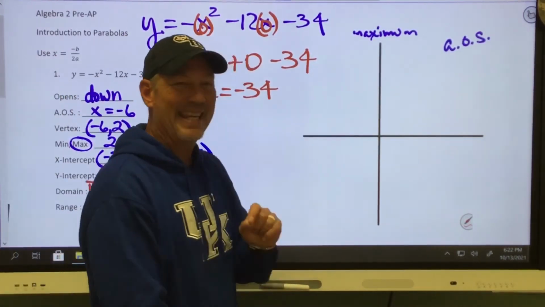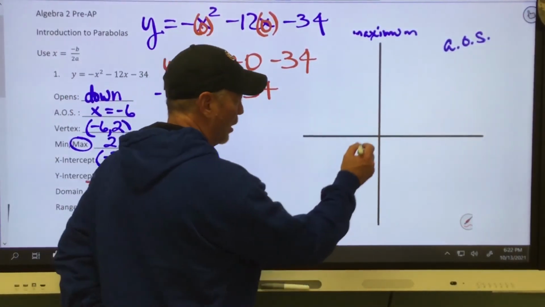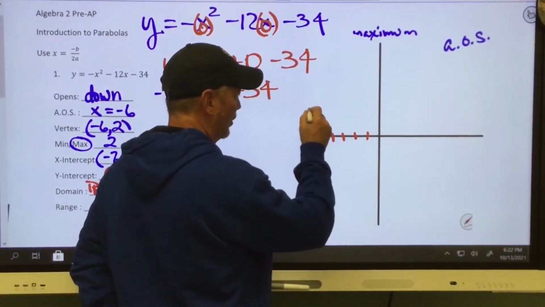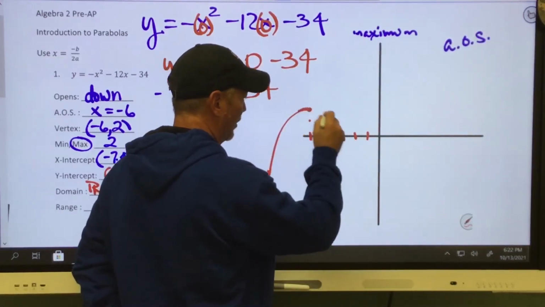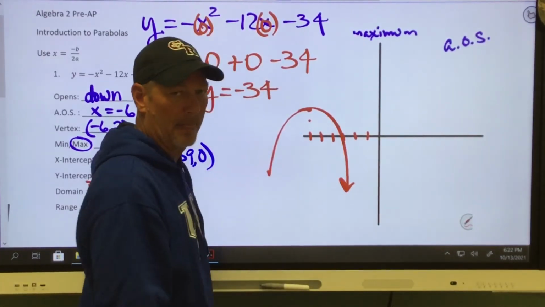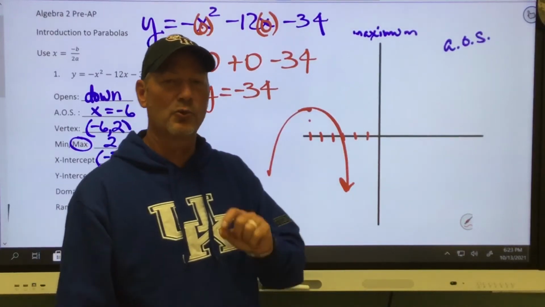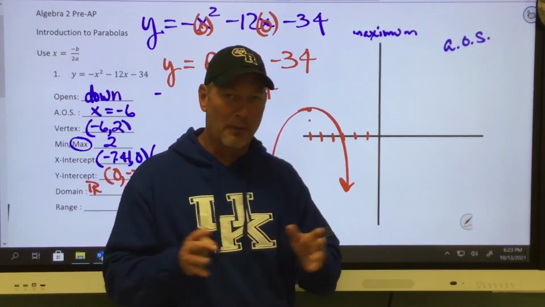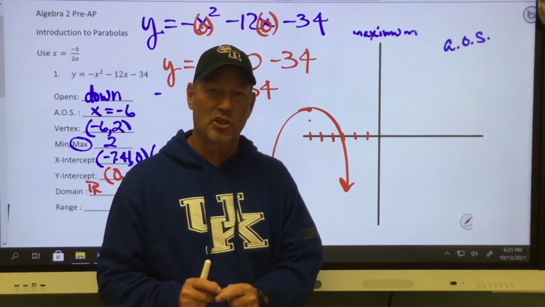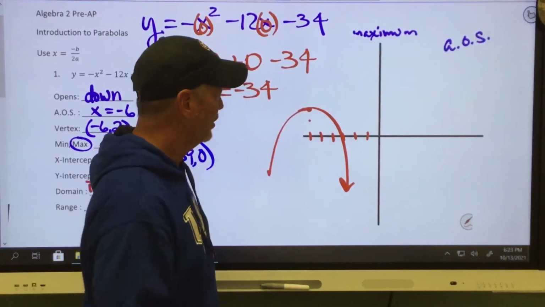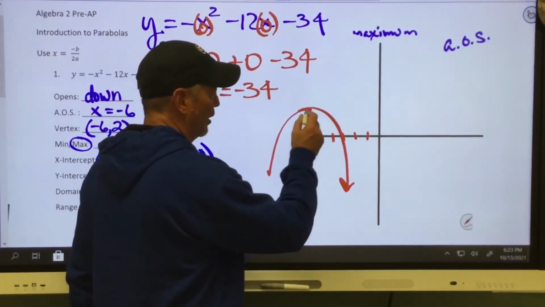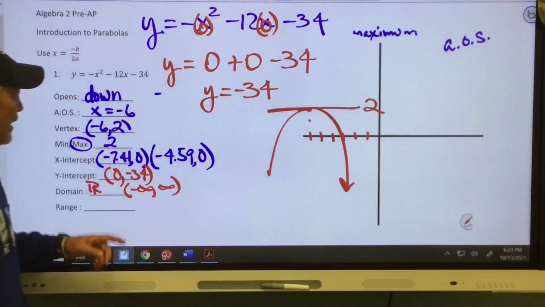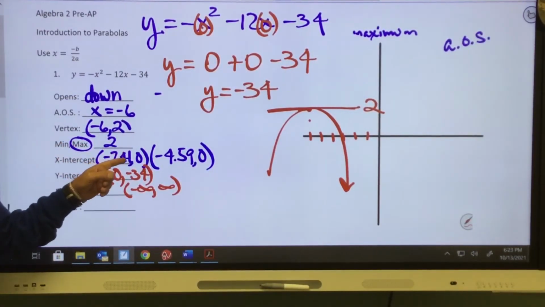Now, remember we were at negative 6, 2. 1, 2, 3, 4, 5, 6, 1, 2. And we were going down. Okay? My range, the range is where things can change. Just like in the absolute value, the domain was always the same. It's the range that could change. Look how the range is. The range, the high point, what was the high point of my graph? Well, in this case, it's whatever the max or the min is.